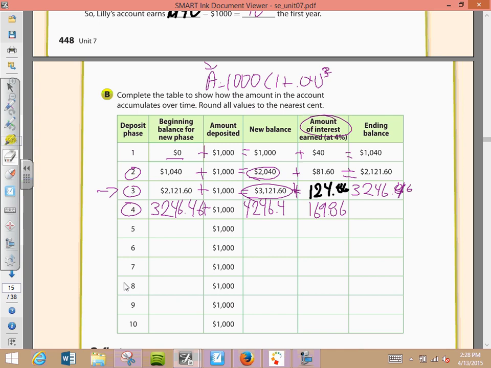Dang it. Yeah, so I end up with 169.86, yes. Yeah, you're supposed to be using the same thing all the time, yes. You take away 1,000 at the end.